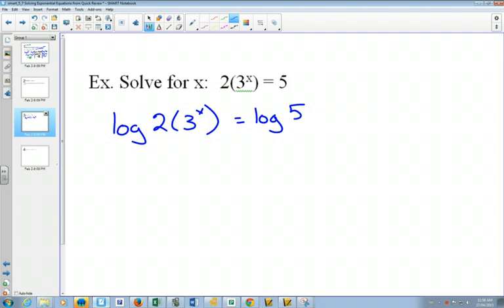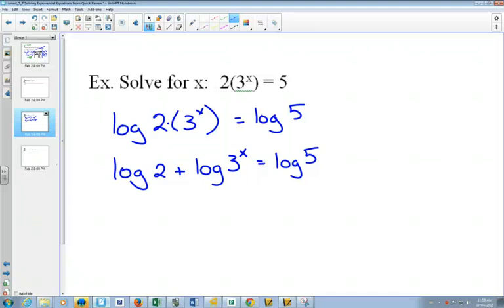So what we're going to do is we're going to say, well, this is multiplication. I do have a log law for that: when you're multiplying, it's the same as adding. And now I can bring out that x in front, because that x is only to that power.